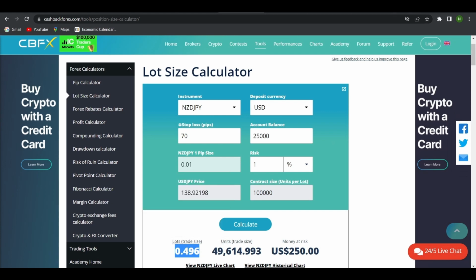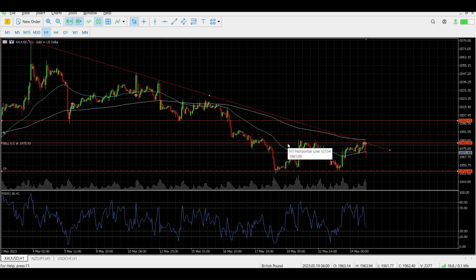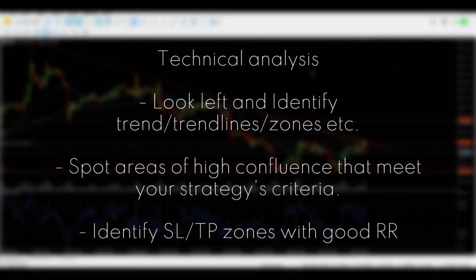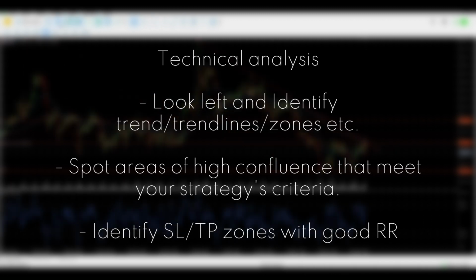So just to summarize everything that I've discussed during this video, to get started, I'm going to the chart, looking left and marking up areas and zones, seeing how price has been moving, and seeing if there are any good opportunities for me to be entering a trade. Then I mark up my zones, trend lines, etc., to find a good area where I want to be entering, so an area of high confluence.